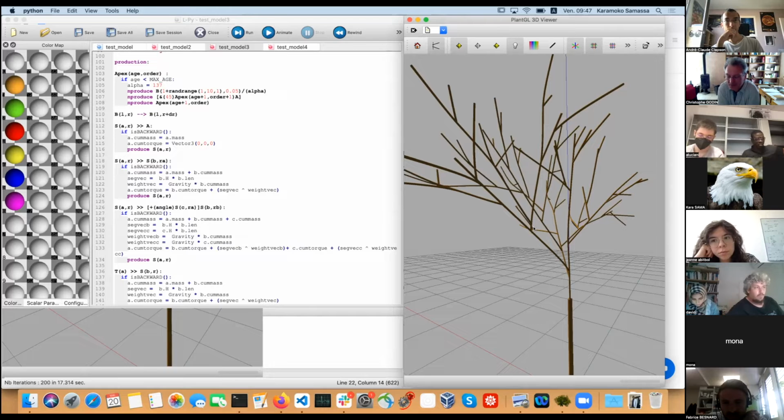So this is the difficulty I'm currently facing in my model, and I also have a little error: the whole tree is not built in the axiom, I mean before the production.